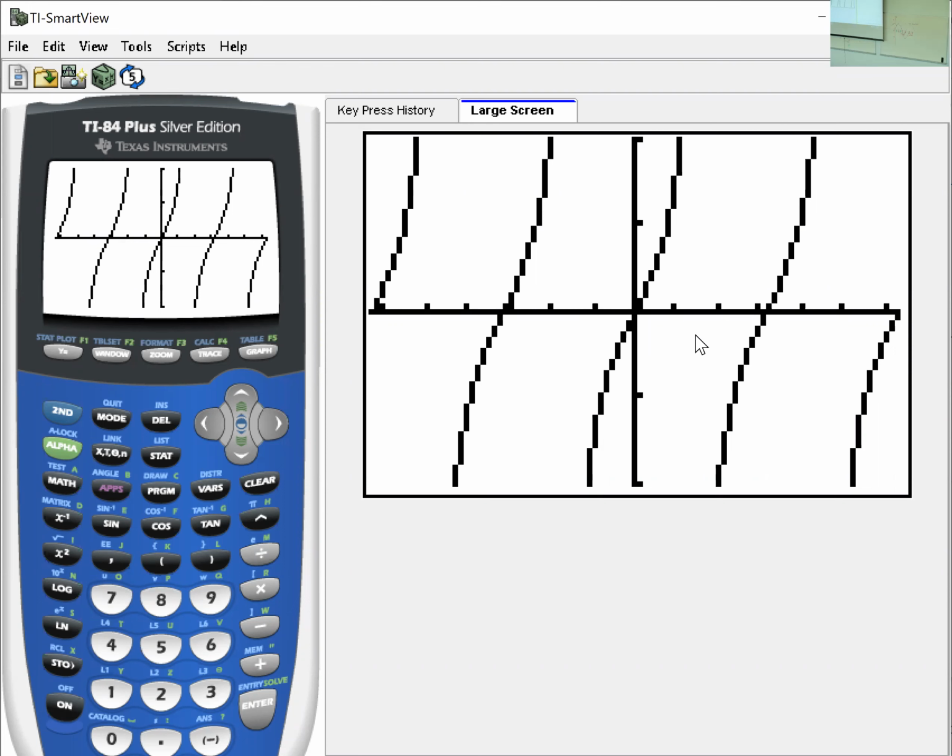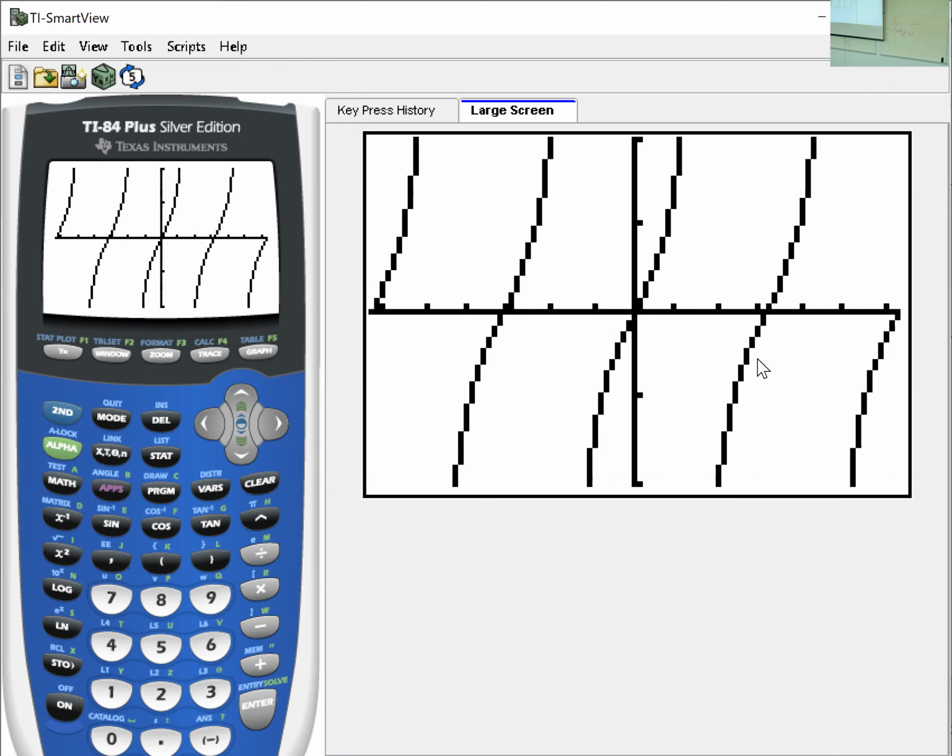Move over and I see pi to 3 pi over 2. I've got another pi period, and you have another asymptote in both directions.